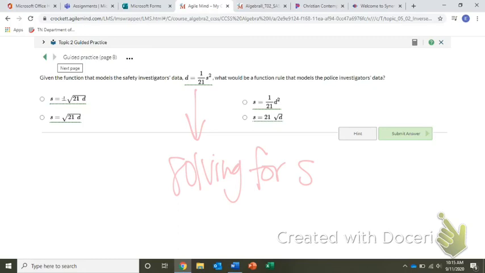So what I want you to do now is just take this equation and solve for S. All right, I believe that's it. If you have questions, let me know.